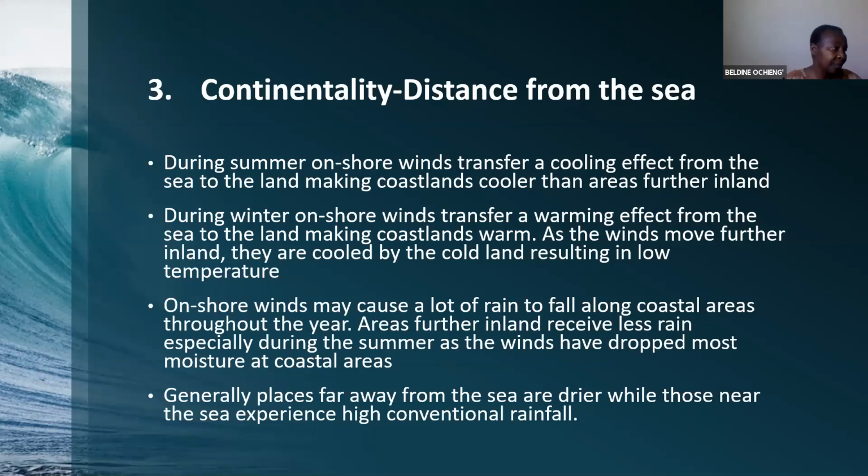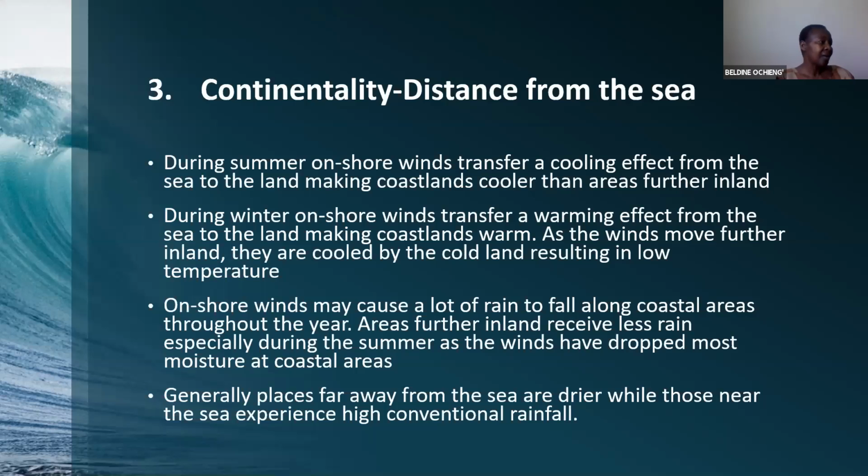During summer, onshore winds transfer cooling effects from the sea to the land, making coastlands cooler than areas further inland. During summer, onshore winds, I've told you, generally what we have is that our number 4. That is what is there.